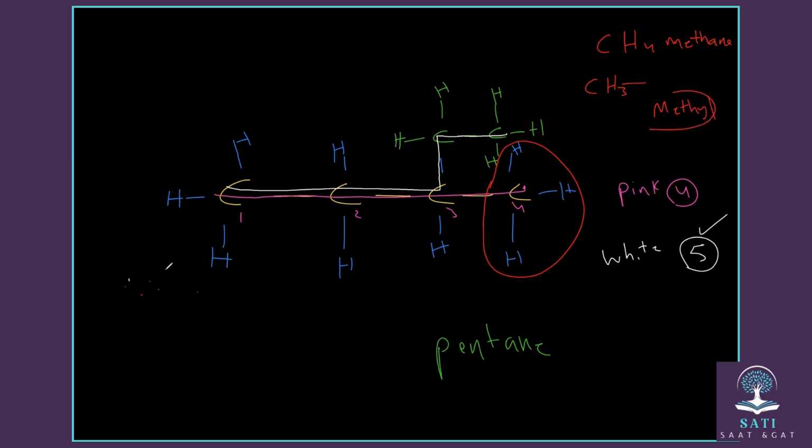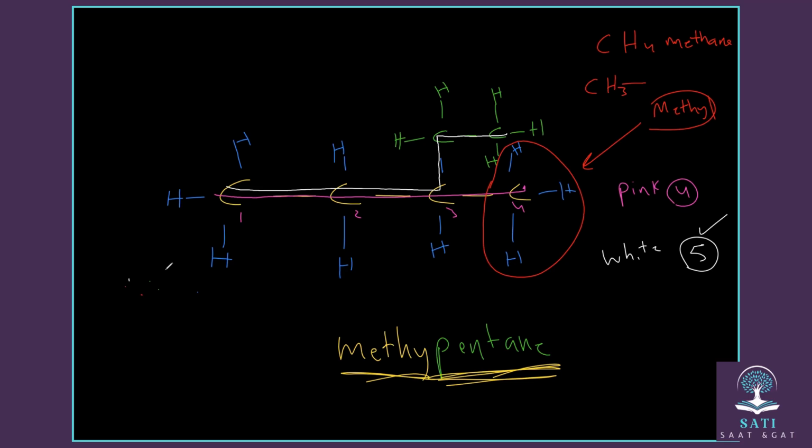So this one is methyl, and this one here is also methyl. So I have methyl attached to the main compound, which is pentane. I write the substituent before the main compound, so I now have methyl pentane.